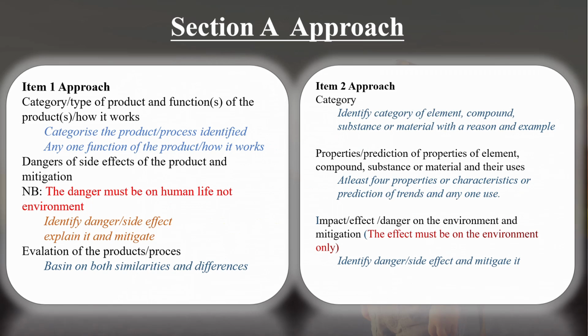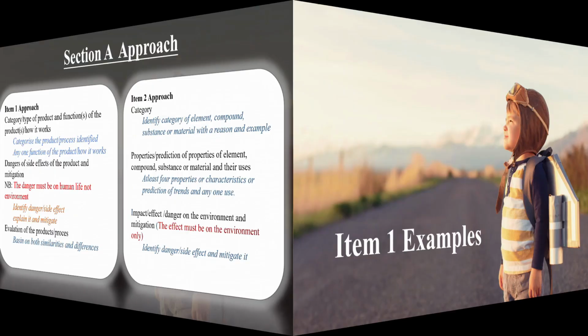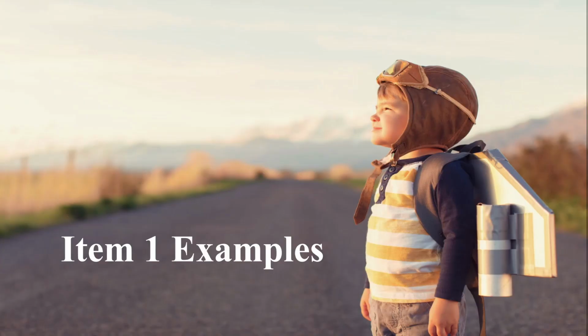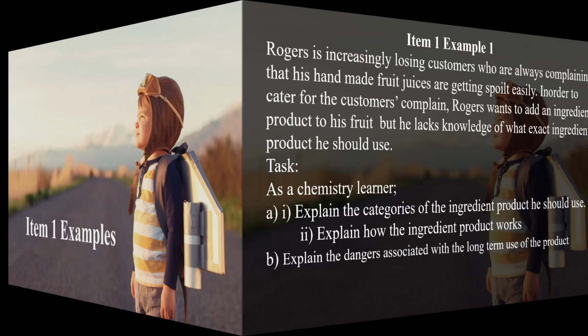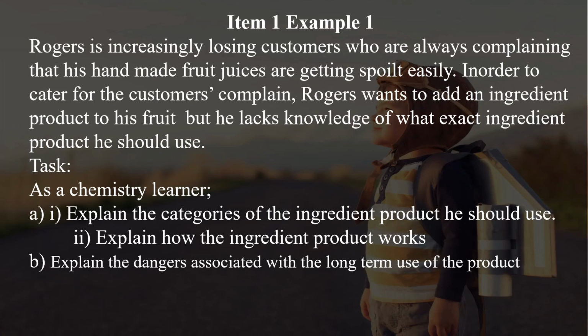Those are the three major areas in which you are to respond to item 1 and item 2 in section A. Now, let's look at an example where we're going to apply these two approaches for item 1 and item 2. So we shall have an example for item 1.